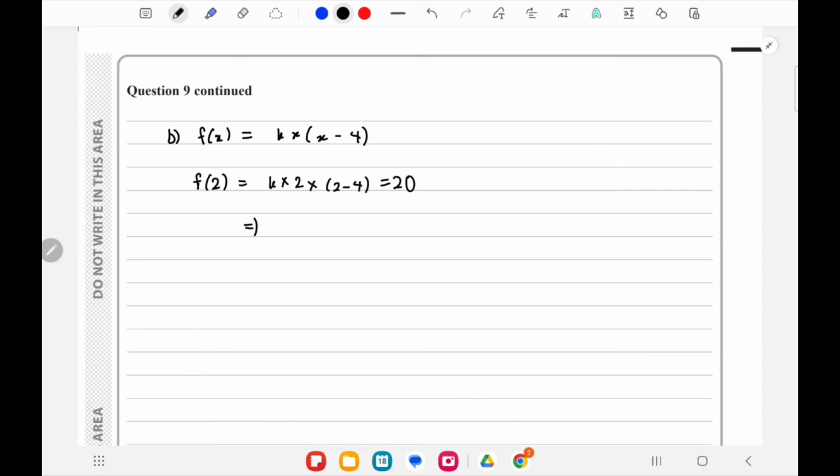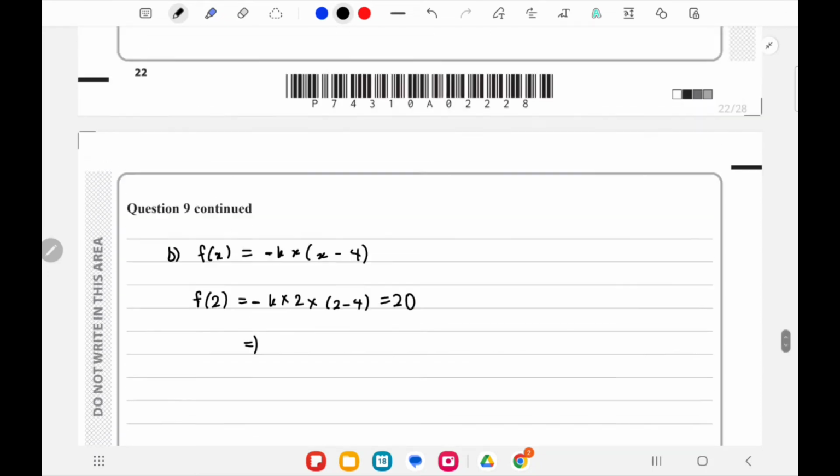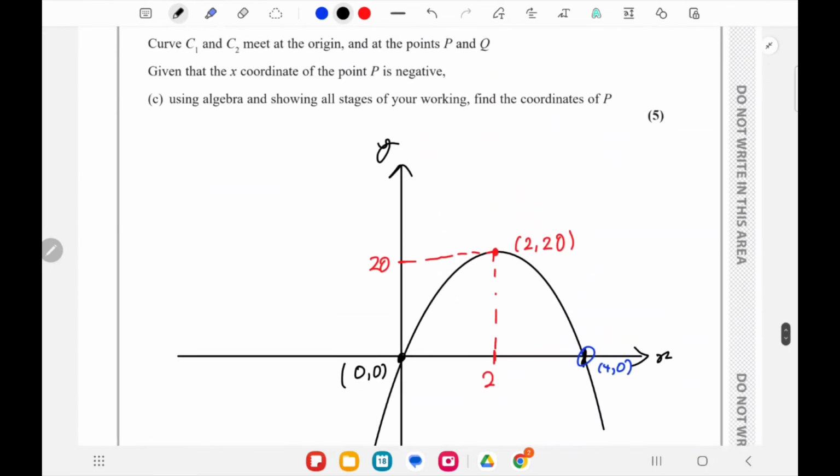So we can find the value of k from here. Oh, there will also be a minus sign over here because this has a shape like this.